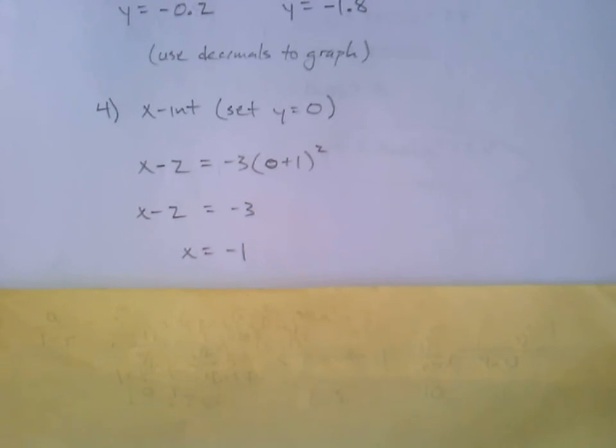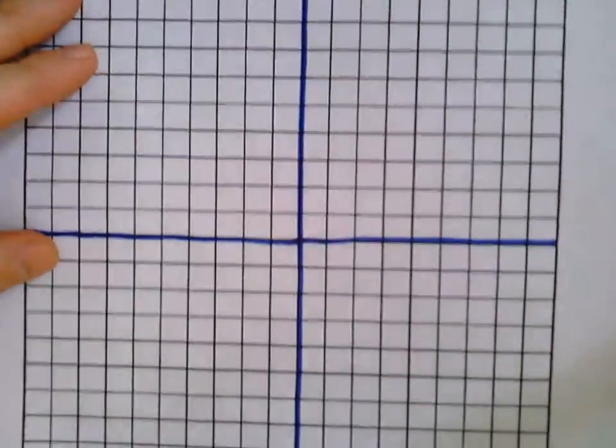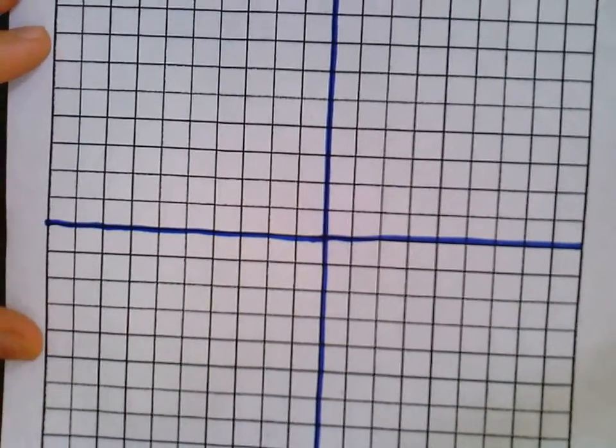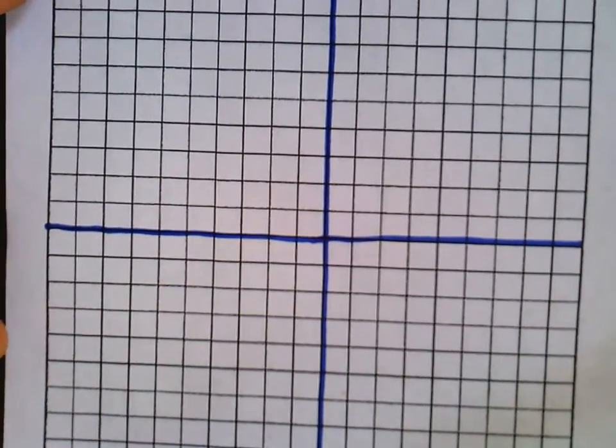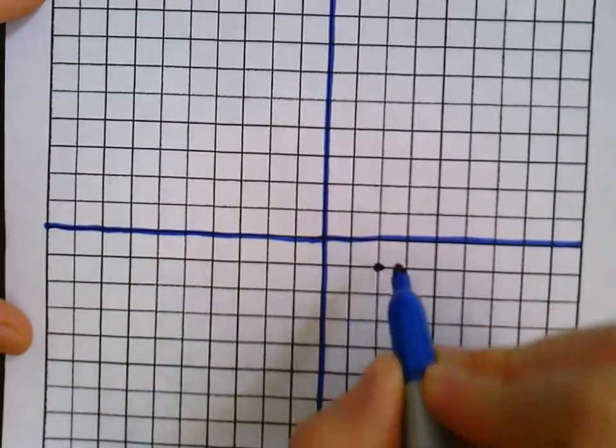Okay. I'm going to grab my graph paper at this point. We found the vertex to be the point 2, -1.